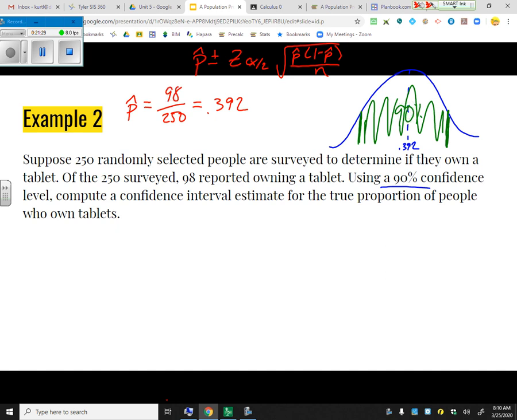But what does that mean for my alpha over 2? That means that my alpha is 10%, so there's 10% down here in these tails. Since they're evenly distributed, there's 5% down here this time, and 5% over here.